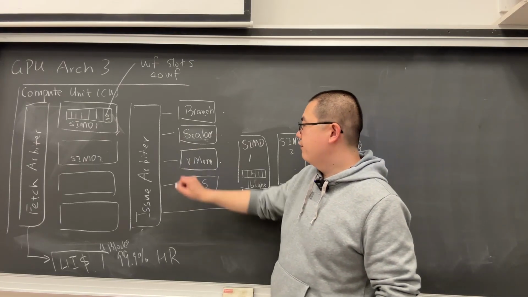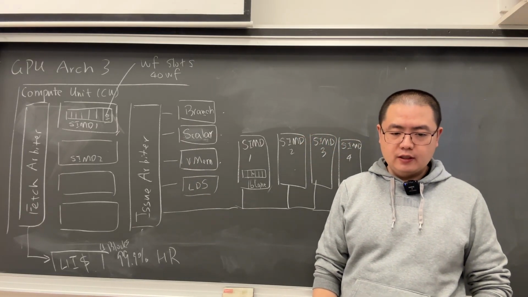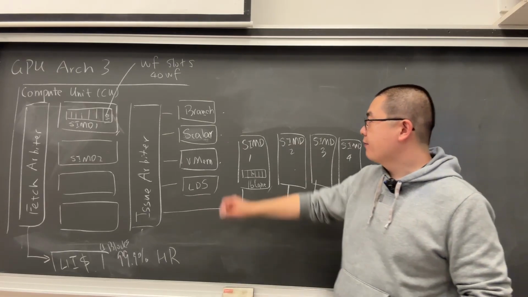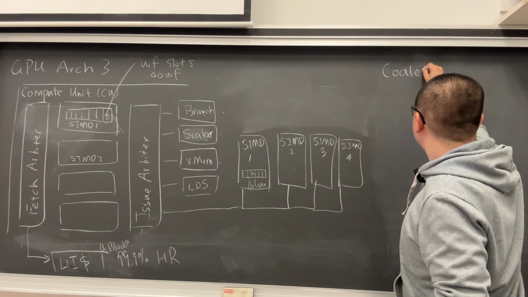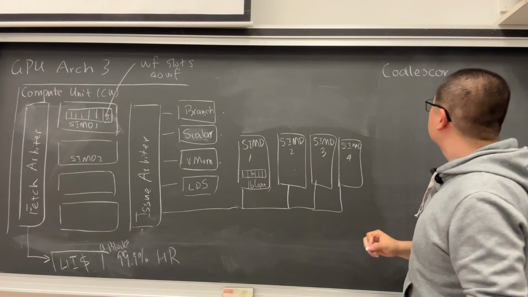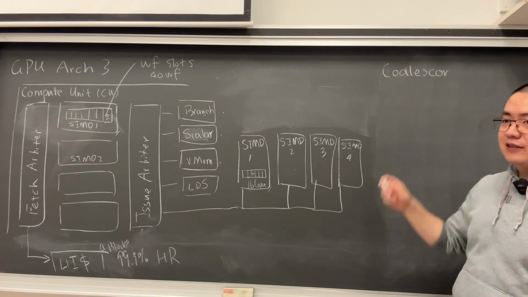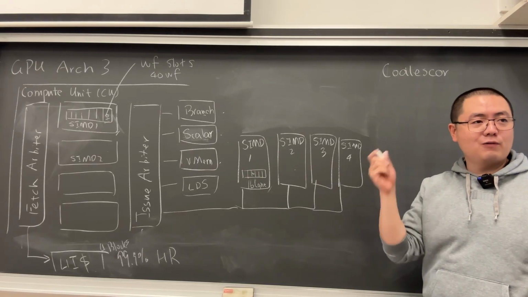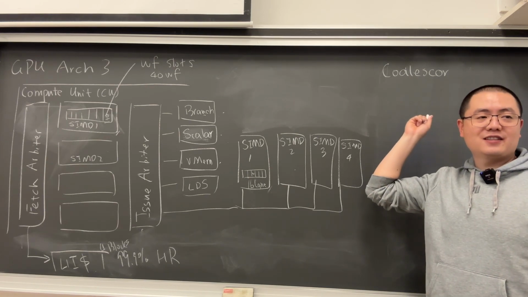So, what's in the vector memory unit? The most important thing is something called a coalescer. Okay, a coalescer. If you spell this word in Microsoft Word or Grammarly, it will typically treat it as a misspelling, because it is so rarely used.